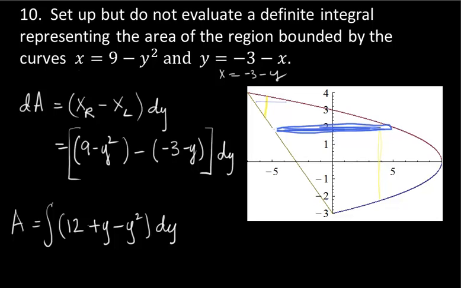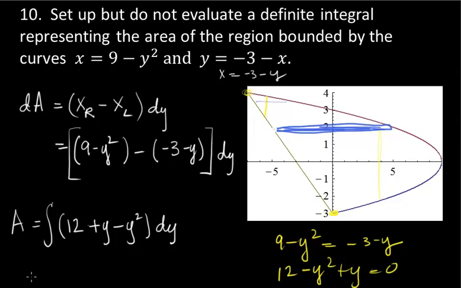To find the limits of integration, I need to know this intersection point and this intersection point. It looks like it's going to be from minus 3 to 4, but we should check. Well, I have x solved for there, so why don't we say 9 minus y squared is equal to minus 3 minus y at the two intersection points. I'll bring everything to the left. So I have 12 minus y squared plus y is equal to 0.